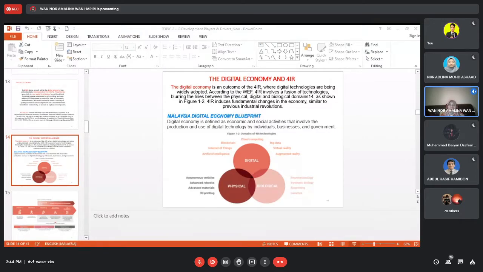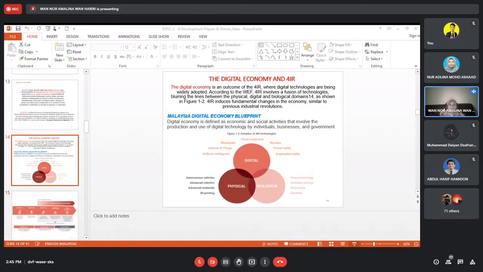According to the WEF, 4IR involves a fusion or integration of technologies, blurring the lines between the physical, digital, and biological domains, as shown in figure 1 here. 4IR includes fundamental changes in the economy similar to previous industrial revolutions. We have previous industrial revolutions from 1IR to 3IR, so now we are in the 4IR.